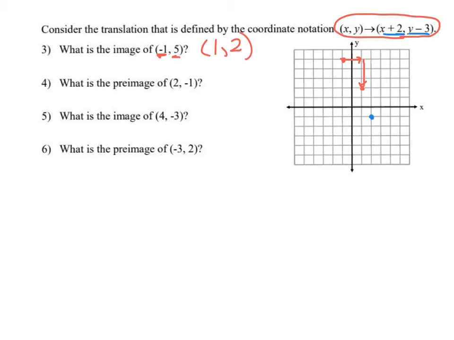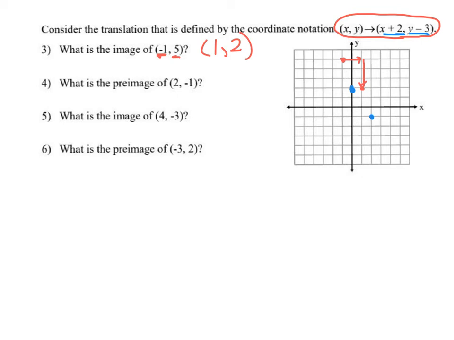And to help us figure out the starting point, we can think of these steps in reverse. If going from the pre-image to the image, we would have to add 2 to the x-coordinate and then subtract 3 from the y-coordinate. We would do the opposite of that if we're going the other way. So if we imagine from this image point, if we go to the left 2 and then up 3, that would put us at this point right here.